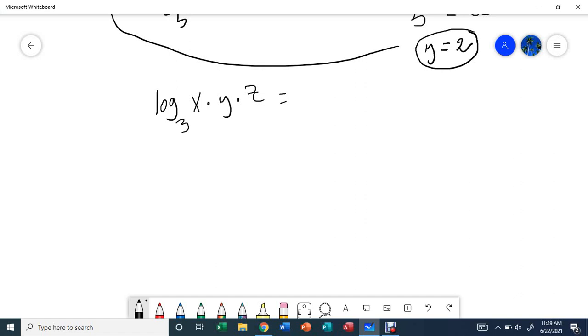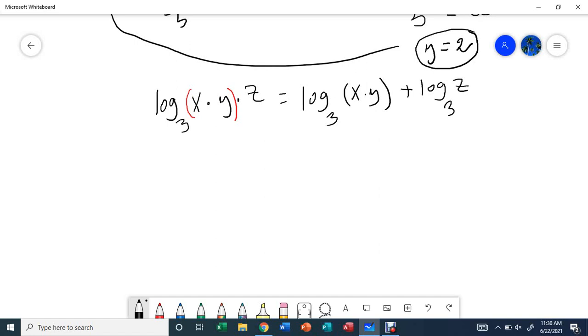So let's divide these into two numbers. So first one, I'm gonna do xy and z. So using the rule, it's just gonna be log base 3 of x times y plus log base 3 of z.